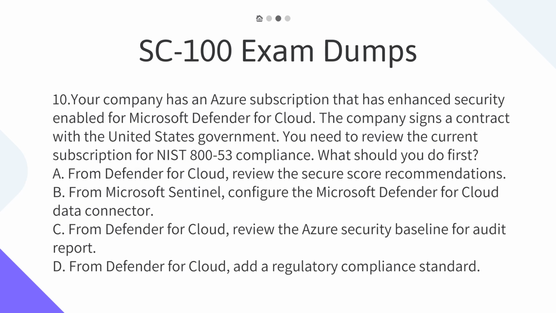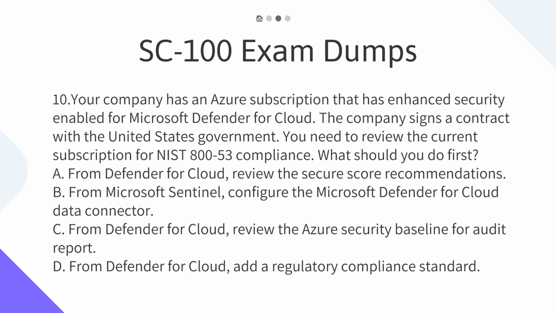10. Your company has an Azure subscription that has enhanced security enabled for Microsoft Defender for Cloud. The company signs a contract with the United States government. You need to review the current subscription for NIST 800-53 compliance. What should you do first?